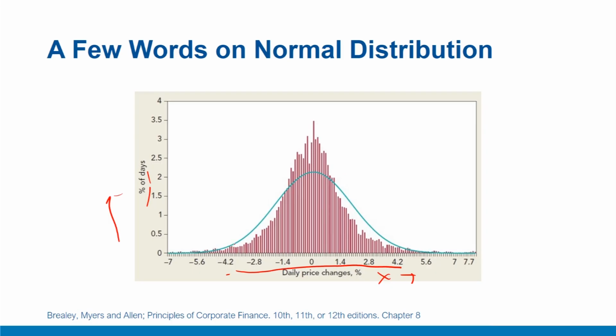A fitted normal distribution would look something like this green bell-shaped curve. While the bars are actual returns, the continuous normal distribution can be superimposed on this. The important aspect of normal distribution is that it can be simply defined by two parameters: one is the mean, which is mu, and the other is its variance, sigma square, where sigma is the standard deviation.